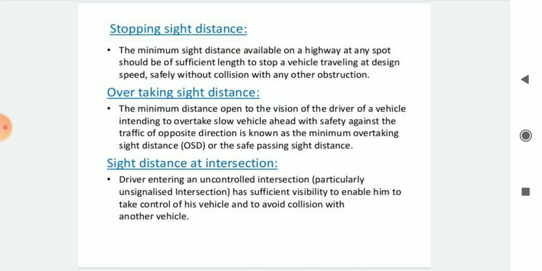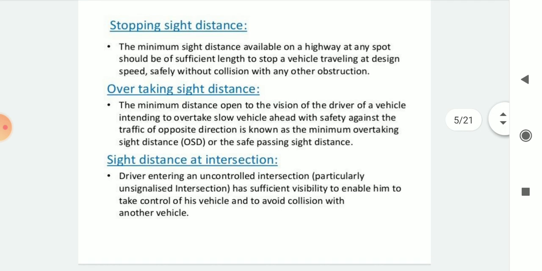Then overtaking sight distance. Overtaking sight distance is the minimum distance open to the vision of the driver of a vehicle intending to overtake the slow vehicle ahead safely against the traffic in the opposite direction. It is also called passing sight distance, and it is measured along the center line of the road over which a driver with his eye level at 1.2 meters above the road surface can see the top of an object of height 150 mm above the pavement.